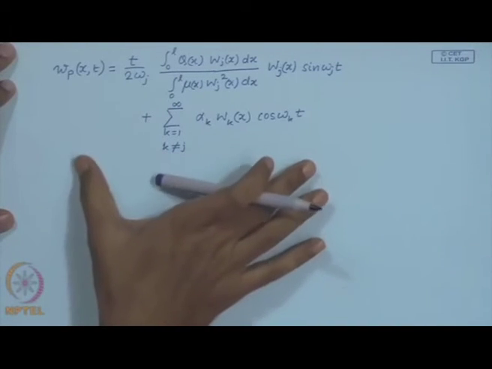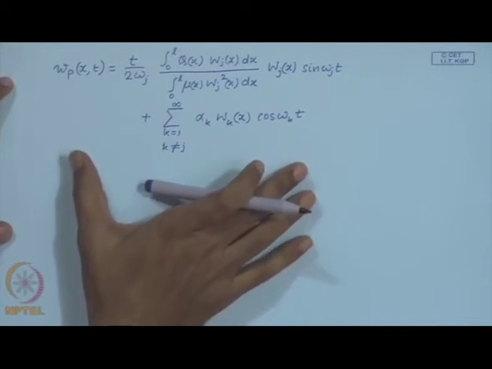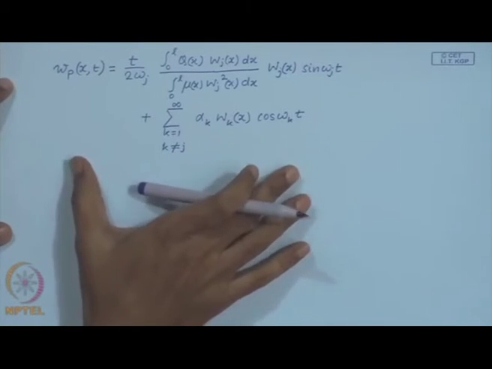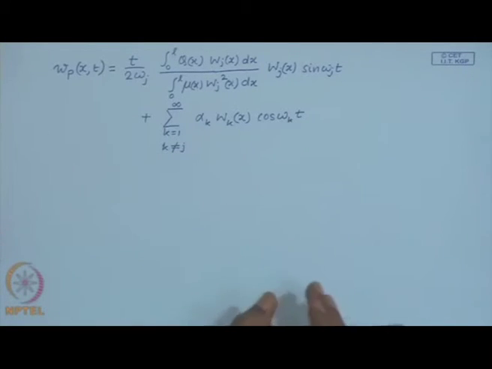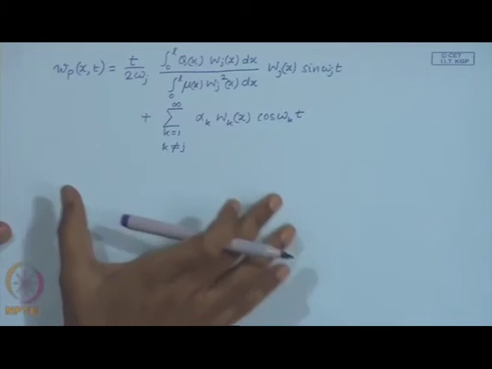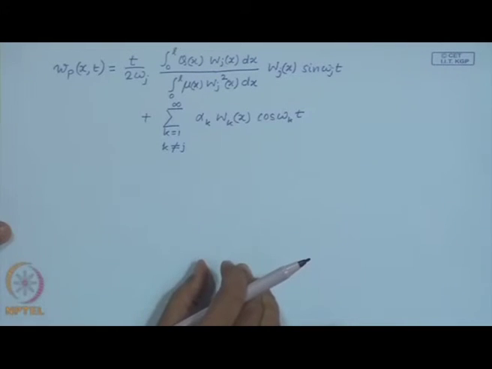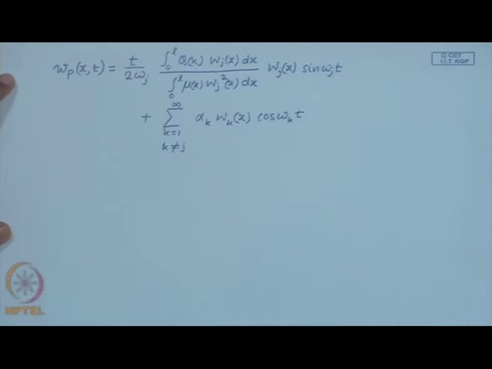So, this completes the particular solution. Now, once again you have to add it with the homogeneous solution and use the initial conditions to solve for the constants in the homogeneous solution.